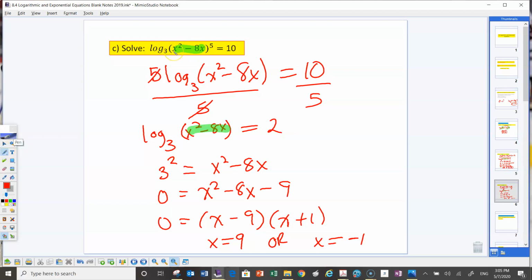If I put a 9 in there, 9 squared is 81. 81 minus 72, that's positive, that's a valid solution. And don't be fooled on this one, just because x is negative. If I put a negative 1 into there and square it, it's 1. Minus 8 times negative 1 is plus 8. This will also work, so both answers are valid.